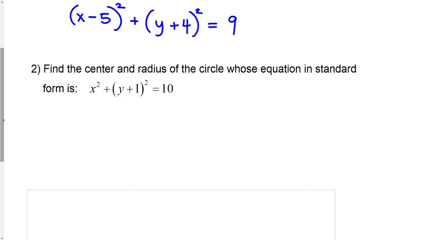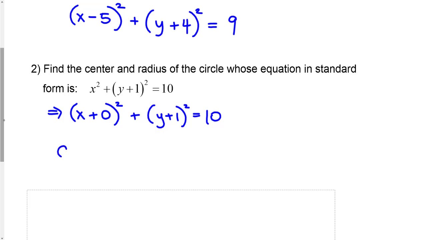So if you see in the homework asking for something in center radius form of the circle, it's the same thing as a standard form. So this really already is, but you just kind of have to think of the x as like x plus 0 quantity squared plus y plus 1 quantity squared equals 10.